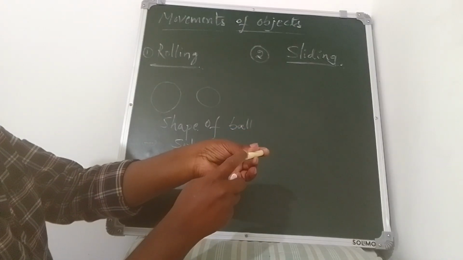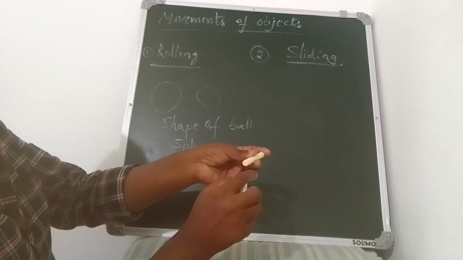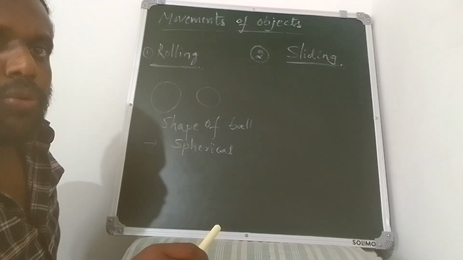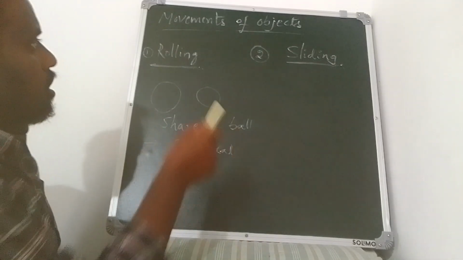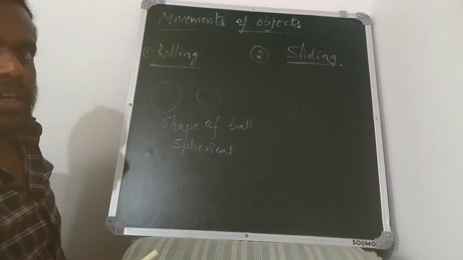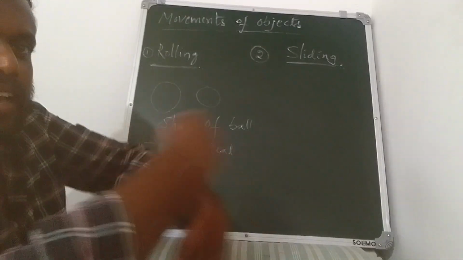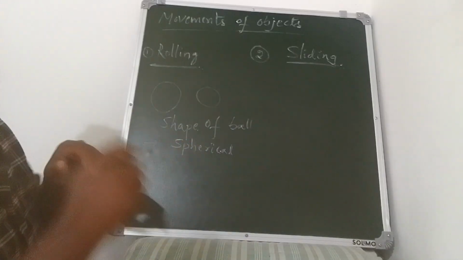Actually, if you take this side of the chalk piece, it is circle shaped. So circle shaped objects will move, and that movement is called rolling. Like if you throw a ball, how does it go? Like this, like this, like this. Okay, that's called rolling.